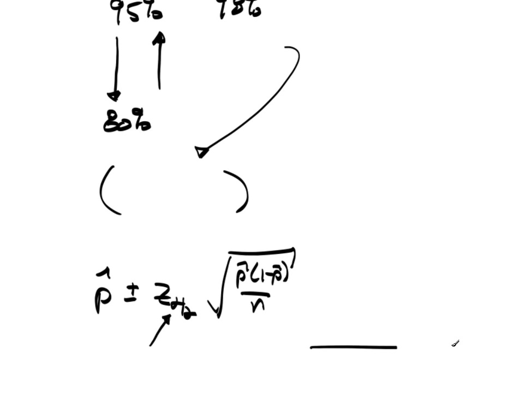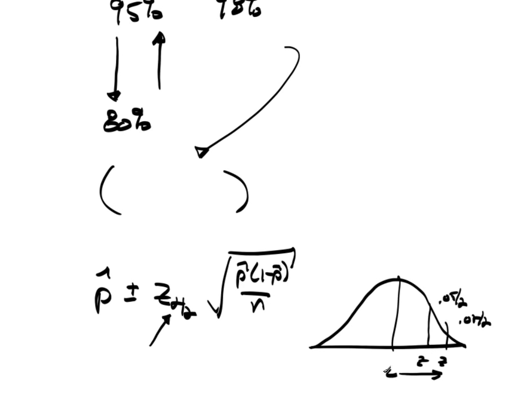As I drew in that diagram earlier, as alpha gets smaller, the value of z gets bigger. It's going farther and farther away from the center. If the value of z gets bigger, then the confidence interval gets bigger. So if I simply say, with my data, I want to be more certain, the only way I can be more certain without collecting more data is simply to make the interval bigger. And that's exactly what happens there.